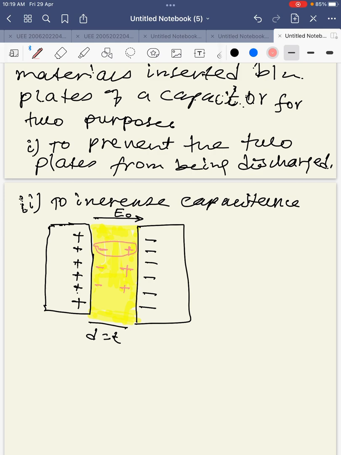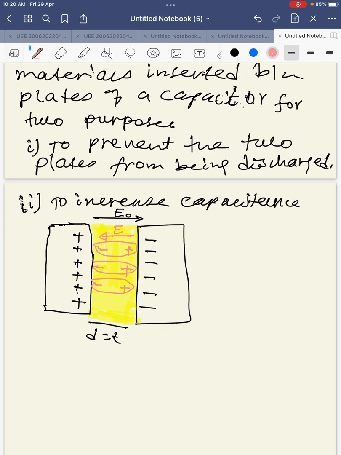This is called polarization. The dielectric, even if it is a non-conductor, its positive and negative charges will be switched like this. This is called polarization. And a little electric field which is opposite to the field without dielectric is created.